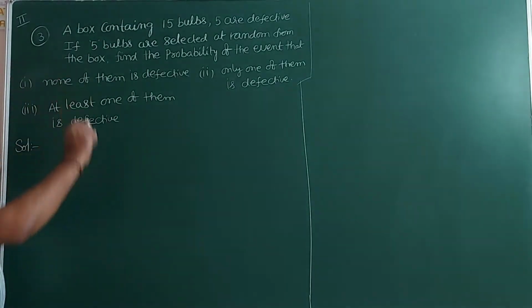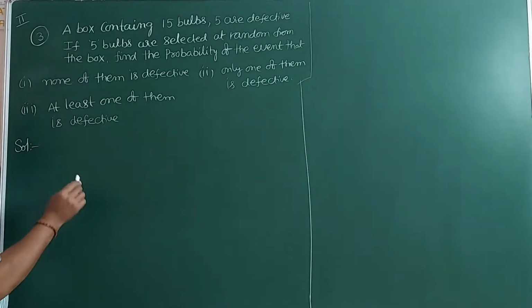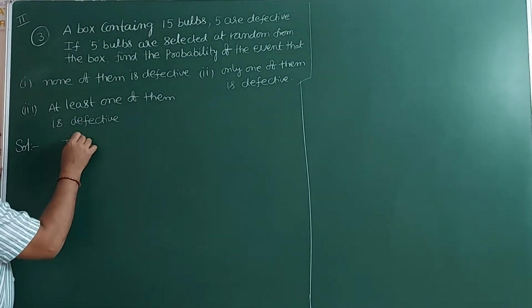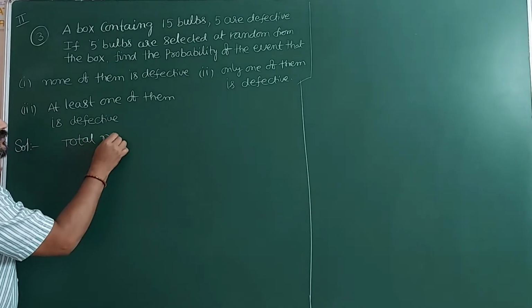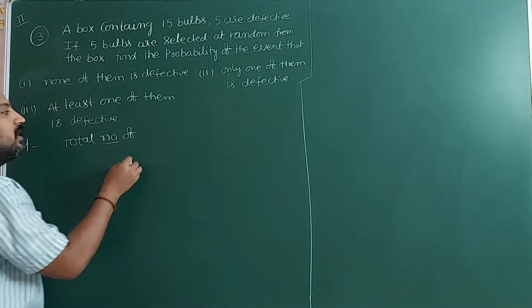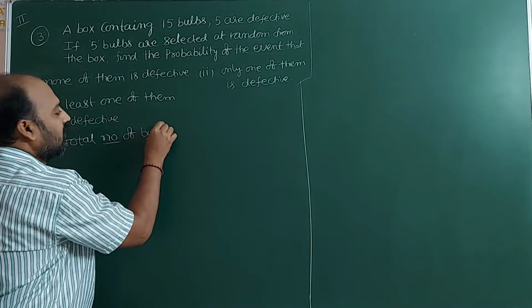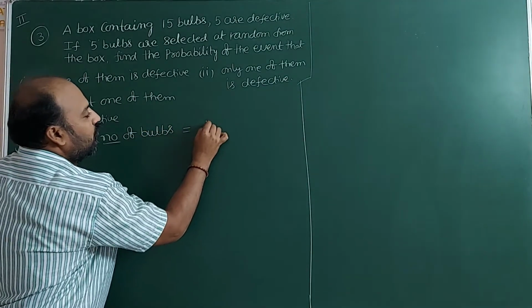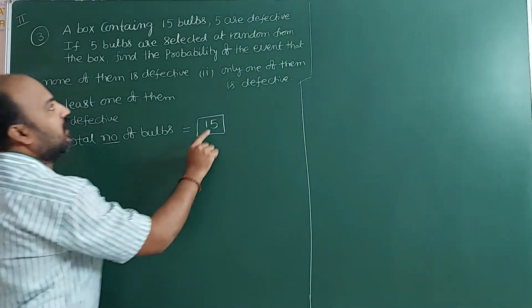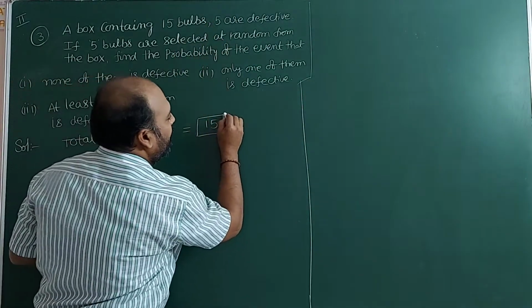First, the box contains 15 bulbs, so the total number of bulbs is 15. In that 15, 5 are defective.